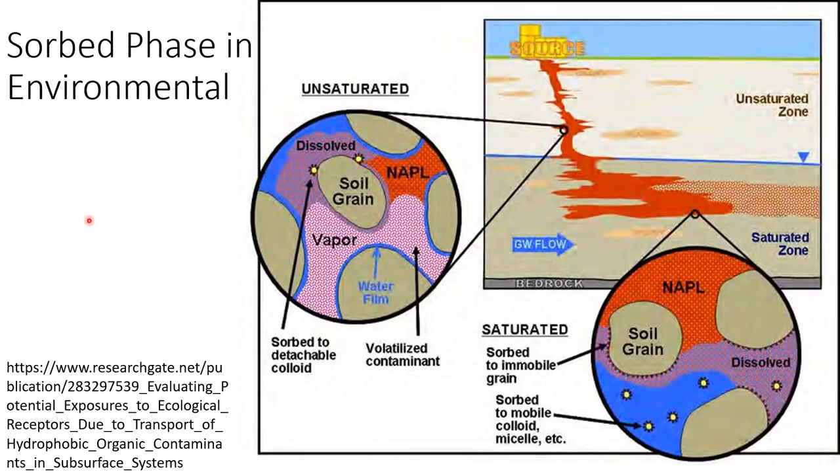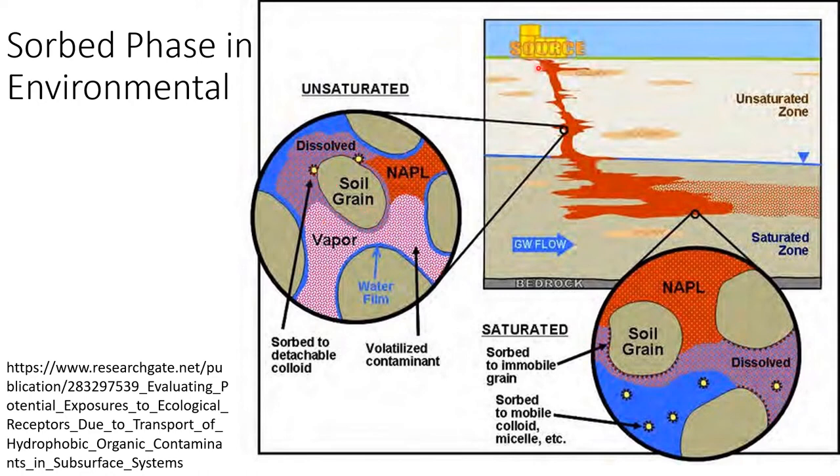And for my sustainability and environmental majors, another thing that we might talk about, I encountered this in a previous part of my life, is sorbed phase in environmental work. So phases we tend to talk about, at least in chemistry, we tend to talk about them mostly as one of several multiple solid phases, or potentially the liquid state being a phase in and of itself, and the gaseous state being a phase in and of itself. But a lot of times in environmental or other field work, you have to think beyond that.